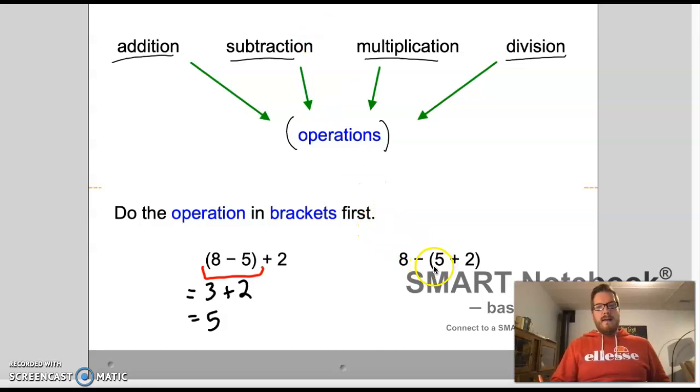Over here, I have this bracket: 8 minus, and then (5 plus 2). I don't have to do anything to the 8 just yet. I haven't touched the subtract sign. All I've done is 5 plus 2, which is 7. So 8 minus 7 equals 1. Now notice that wherever I put the brackets could influence the answer. In this case, I got 1, but over here I got 5.